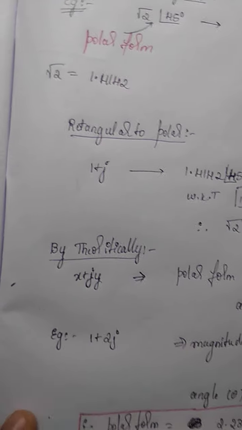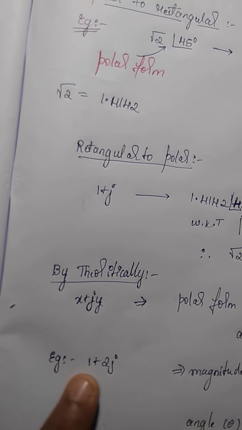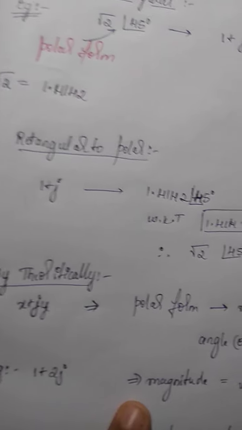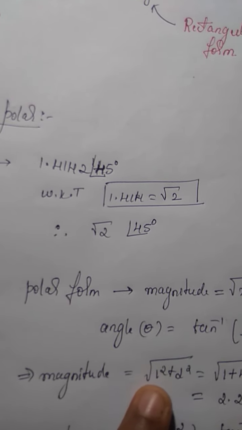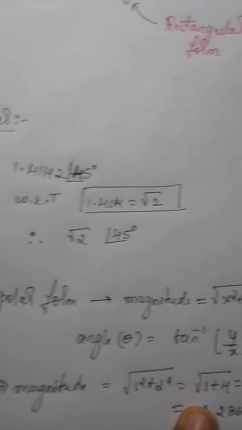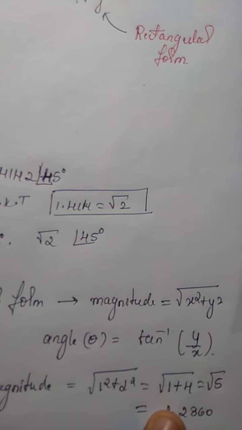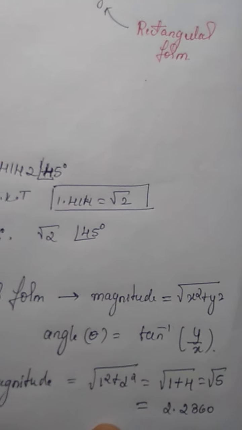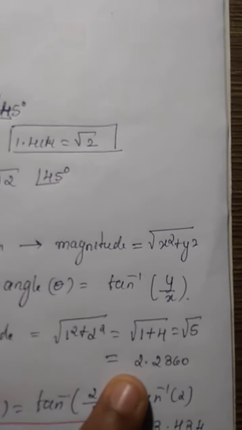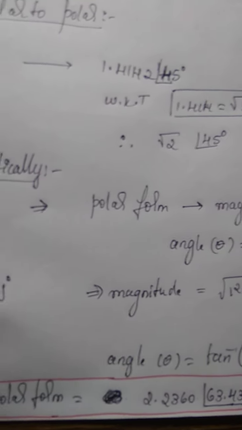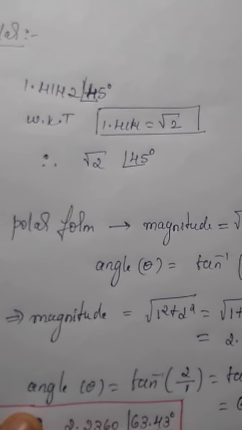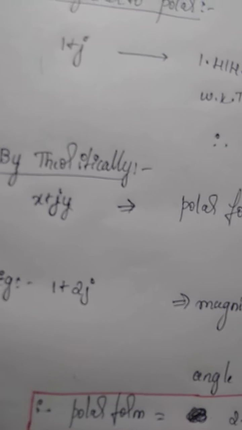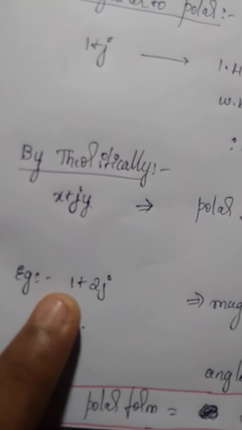Let's take an example: 1 plus 2j. The magnitude is the square root of 1 squared plus 2 squared, which is 1 plus 4, so we get root 5, which is nearly equal to 2.2360. The angle we calculate as tan inverse of y by x. Here y is equal to 2 and x is equal to 1.